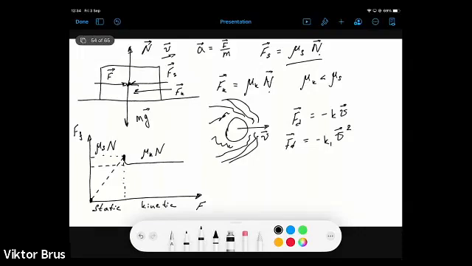For instance, if we consider some ball moving in this environment, let's say air or water, at some constant velocity v, and then from some moment of time we want to understand how it will slow down in this environment.